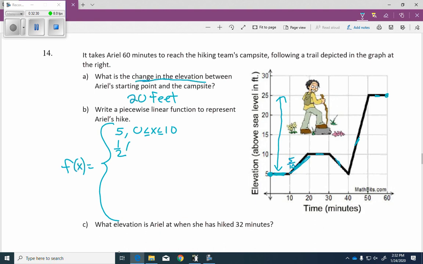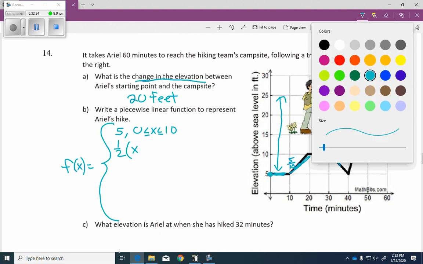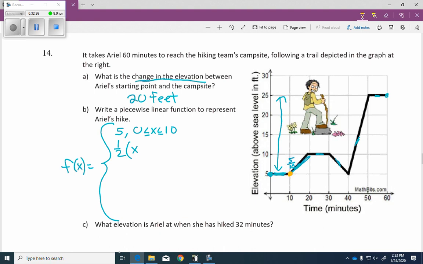And I feel like doing this as a shift. I'll use this point as my shifting point, since it's part of that line segment. So it's shifted to the right 10 and up 5. And it exists from 10 to 20. I already included the 10 in the first piece, so I'll put a less than. In this one, I'll put a less than or equal to.